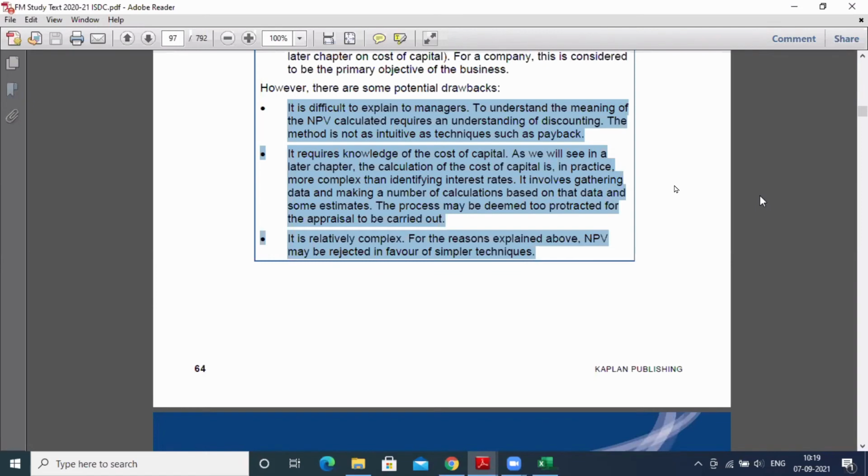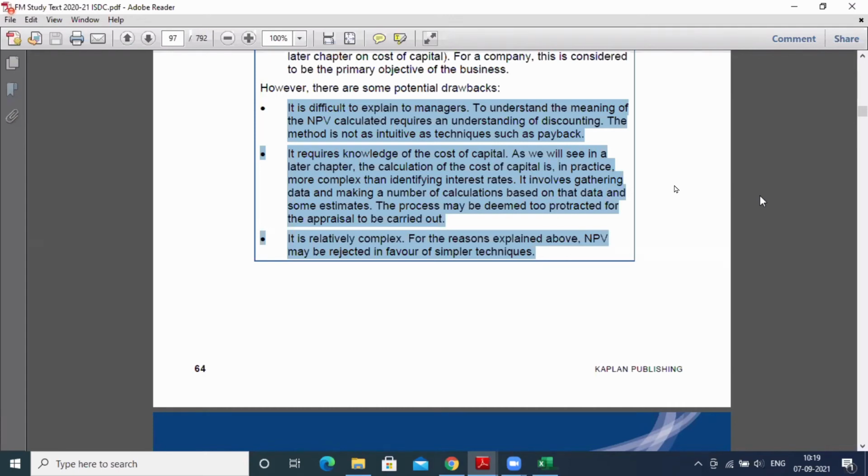As we'll see, cost of capital is there in the next chapter, where we'll be discussing the procedure for calculating the cost of capital. And it involves gathering data and making a number of calculations based on the data and some estimates. Because as I mentioned, the discount factor is calculated on the basis of cost of capital. But in order to calculate the cost of capital, there are different concepts which are to be considered.